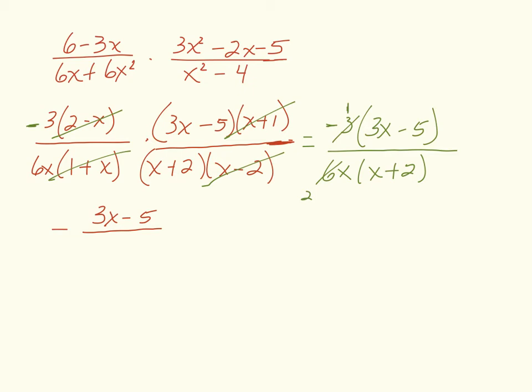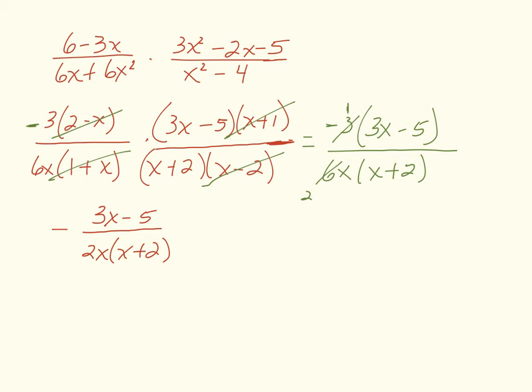Okay, and then we have 3x minus 5 in the numerator, and we have a 2 and an x, and then an x plus 2 in the denominator. And then remember that negative sign, I brought it out front because that came from canceling the 2 minus x and the x minus 2.